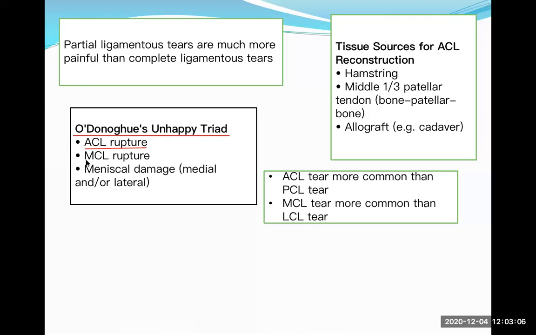Okay, this is medial collateral ligament rupture and meniscal damage, either medial or lateral meniscal damage. So all three important, a part of the ligaments around the knee or inside the knee are damaged here. So this is the important question.